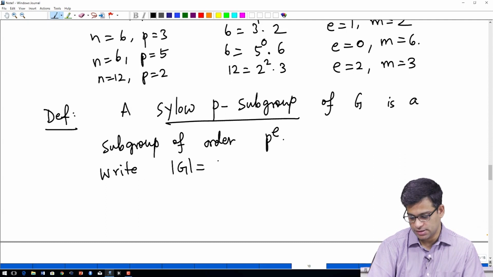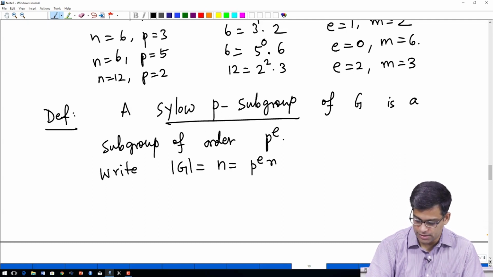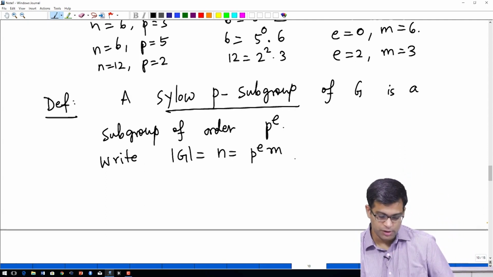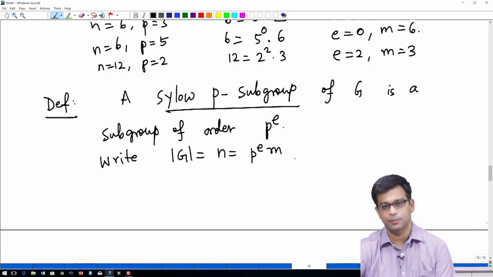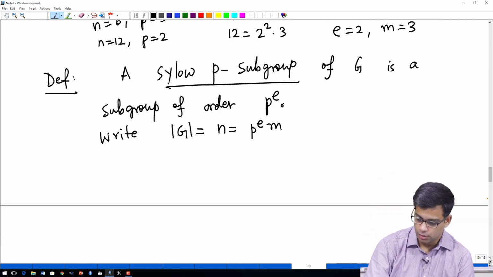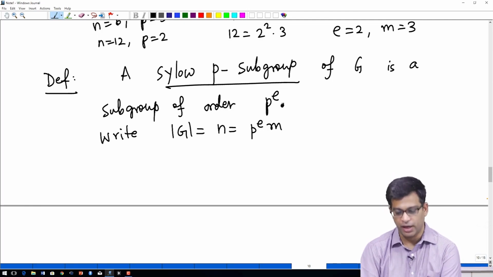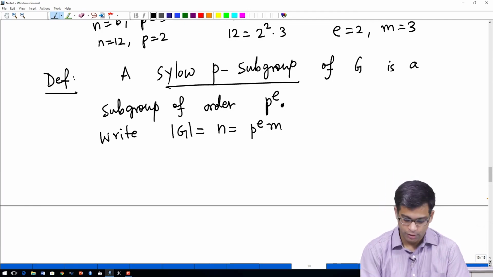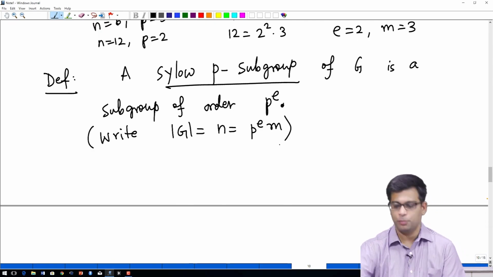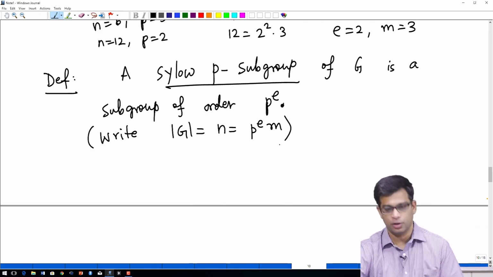It is important to write this. So the order of the group is written as p^e times m. So a Sylow p subgroup of G is a subgroup of order p^e, where p^e is the largest power of p that divides the order of the group G. Okay. So a Sylow p subgroup is a subgroup of order p power e.